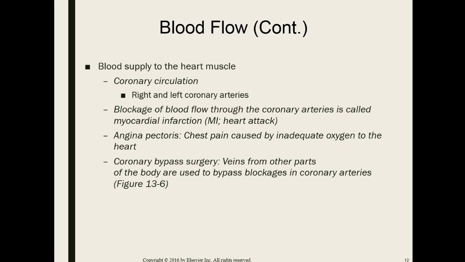So one thing to note is that the heart actually has its own blood supply, which is referred to as coronary circulation. This is from the right and left coronary arteries, which branch off of the aorta. They are going to supply the blood, which contains oxygen and nutrients, to the heart itself.